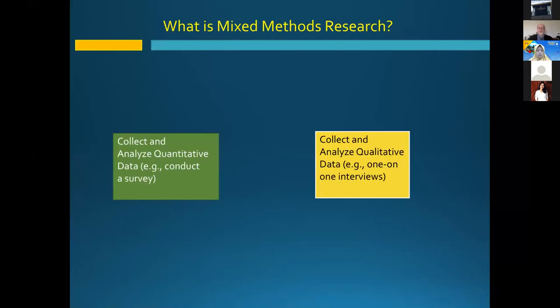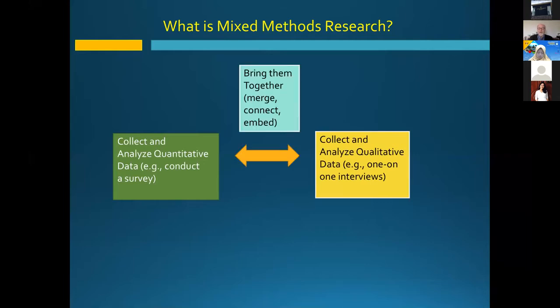First, if you're doing an aging study in nursing, collect both quantitative data, for example, you could do a survey, and collect qualitative data, like one-on-one interviews. Now, what we're going to do with these two databases is we're going to bring them together. And there are different ways that we're going to bring them together.